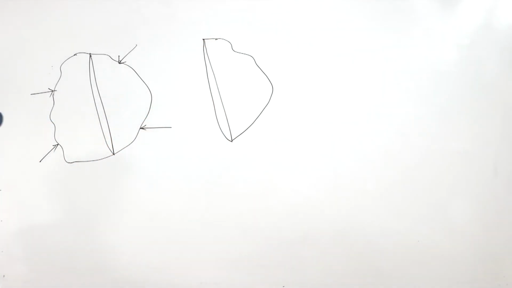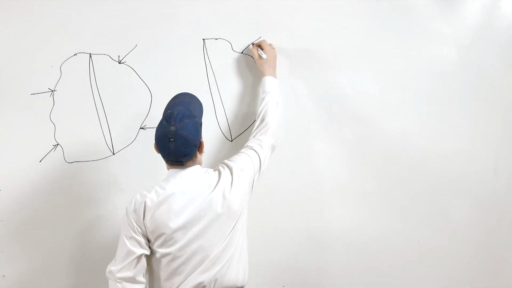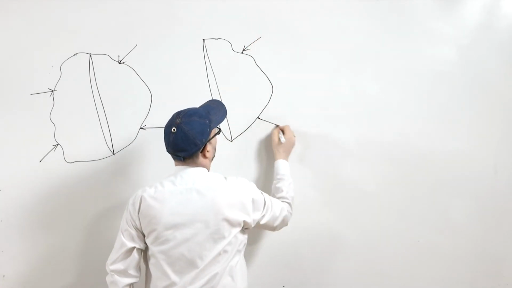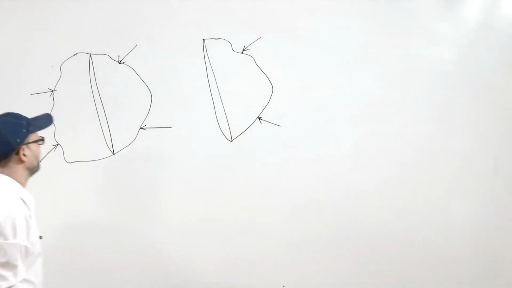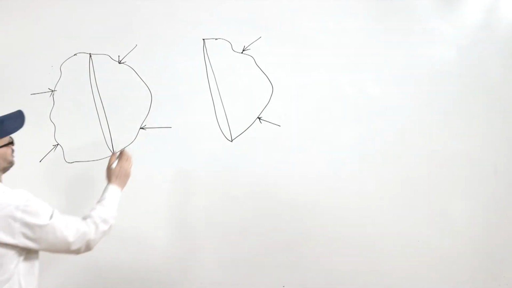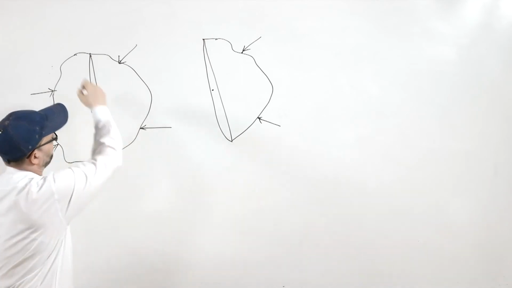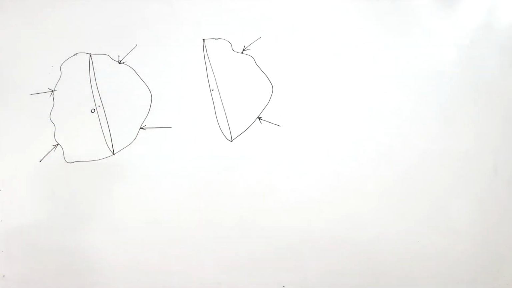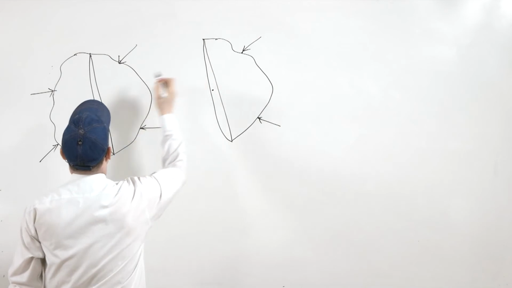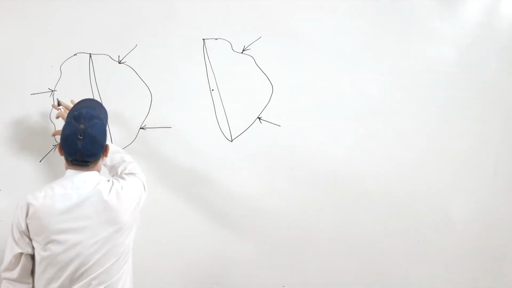Now, in this you will see these two forces, and assuming it is in equilibrium, suppose this point is O and this is a plane. In that case, you will have a resultant force which is keeping this in equilibrium.